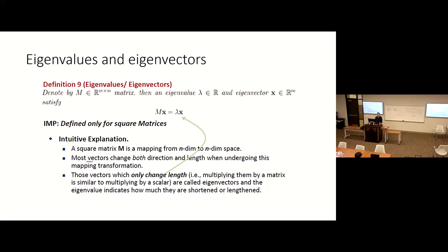As explained, most vectors will change both direction and length. That is the general case if you apply this transformation or operator M. But those that only change in length are called eigenvectors. So we have only one vector here, but the system may have another.